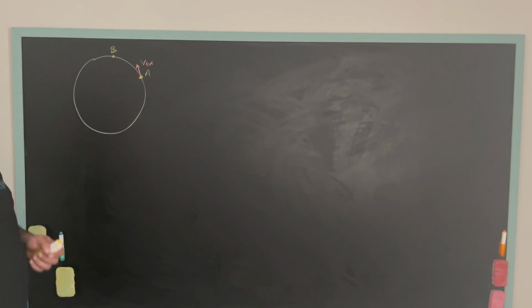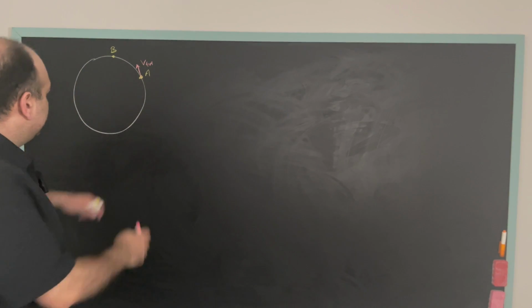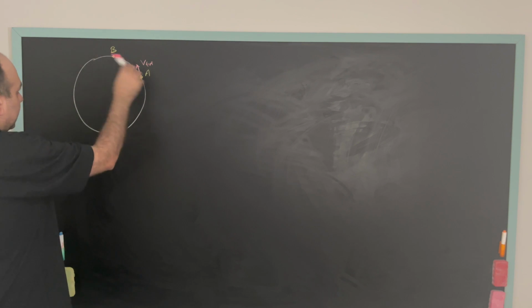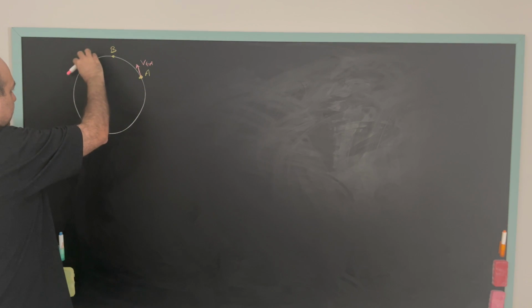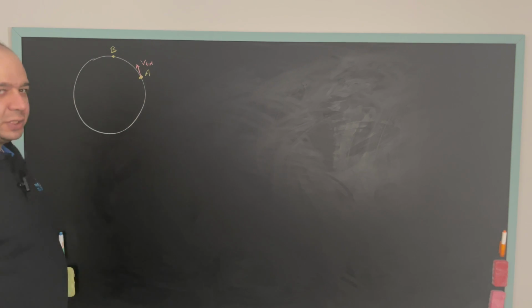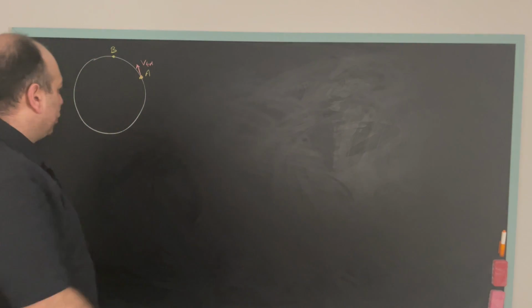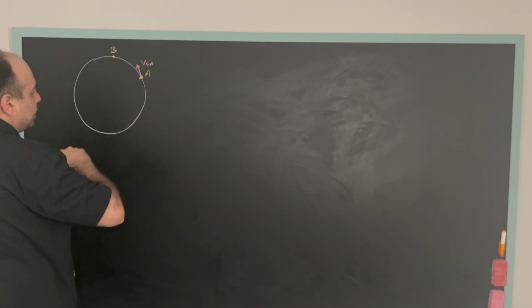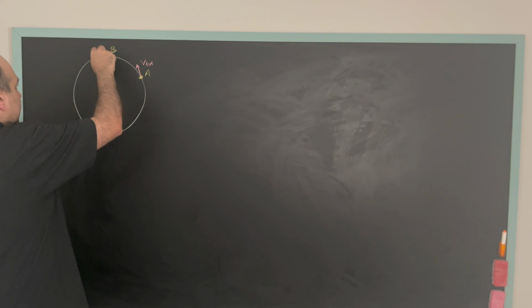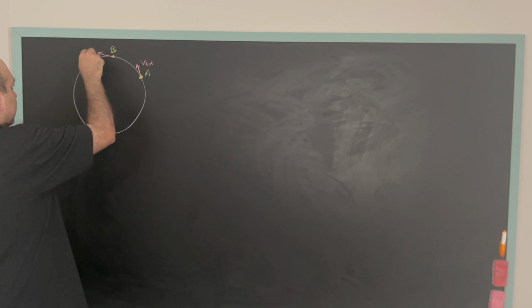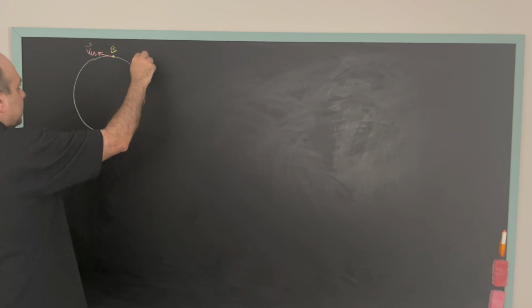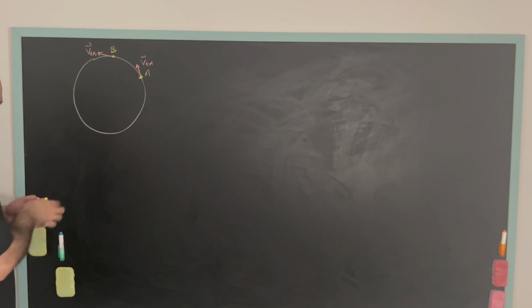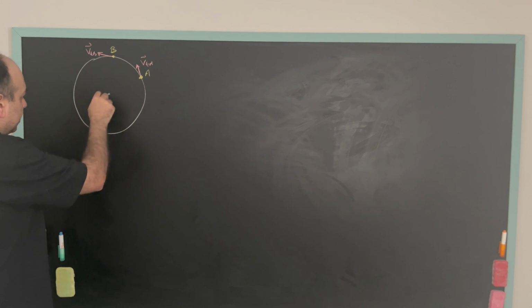We call this velocity V tangential A. As the system moves on this circle, the velocity is always tangent to the circle, so that's why we call it V tangential. At point B, it's also tangential, V tangential B. These are vectors, right? And here is the center of my circle.